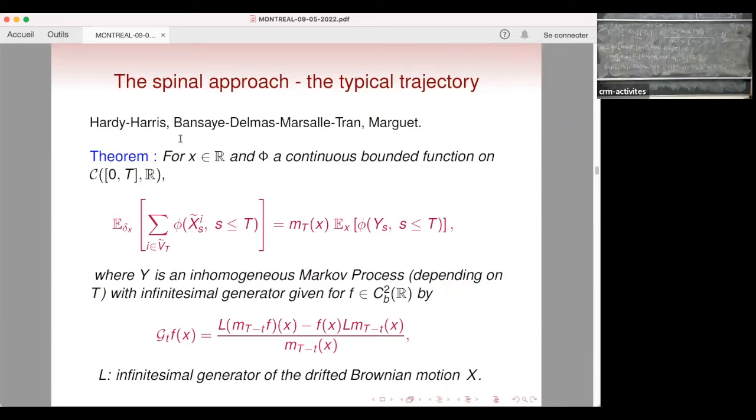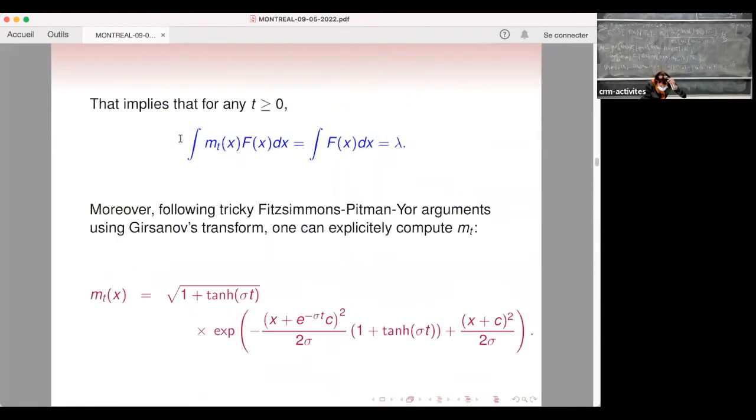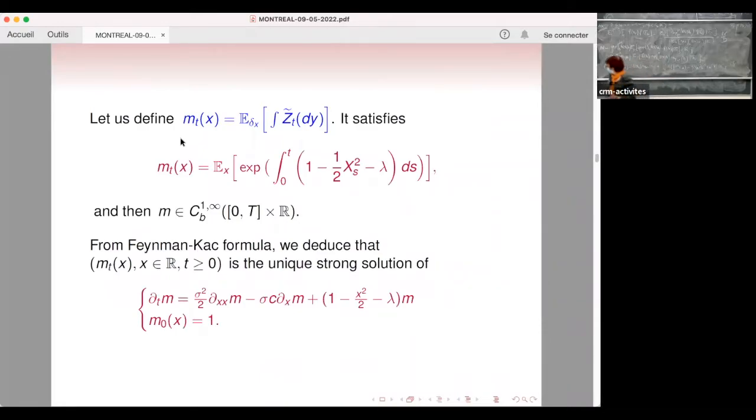But now I have seen that mt is a solution of some second order partial differential equation here, and you see that you have an expression for dtm.